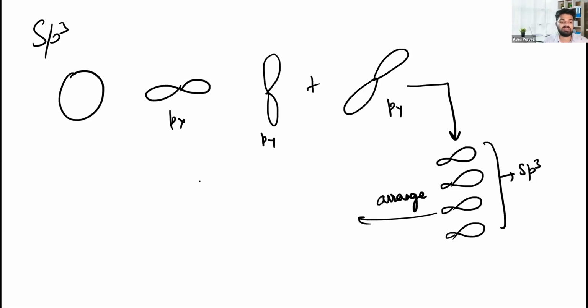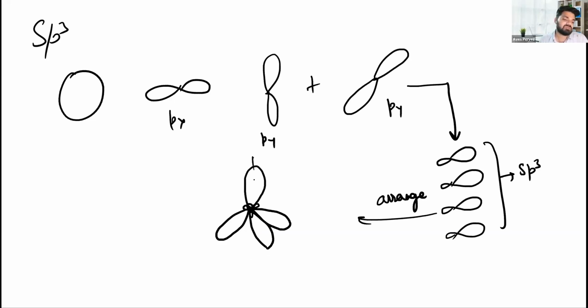So what is a tetrahedral structure? Let me show you that. If you have a tripod-like structure, like one is this, another one is this, okay, so this is a tripod-like structure.